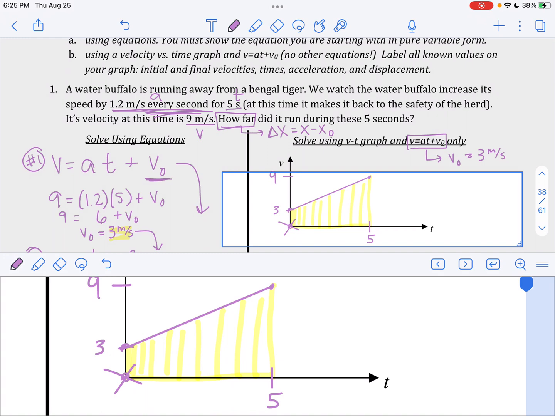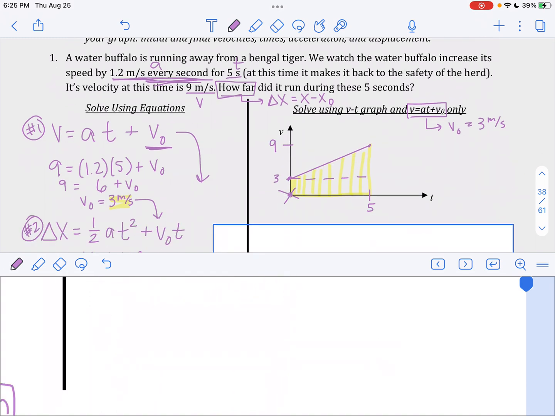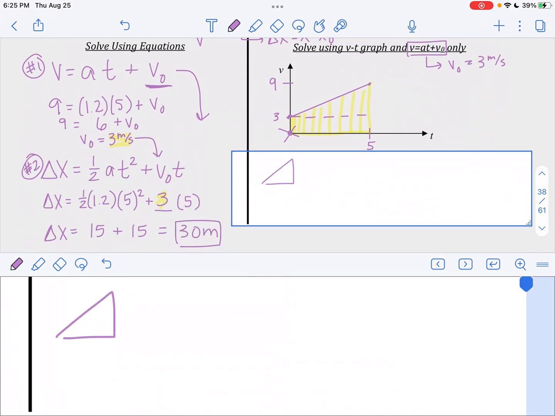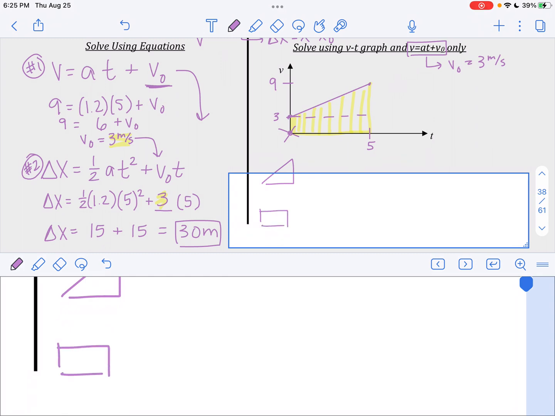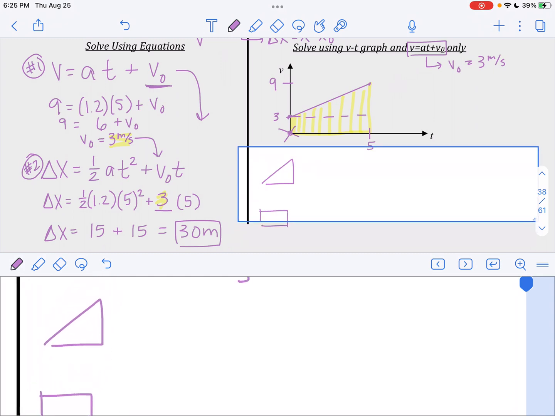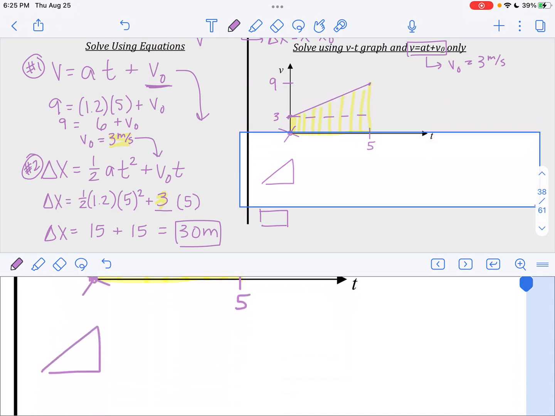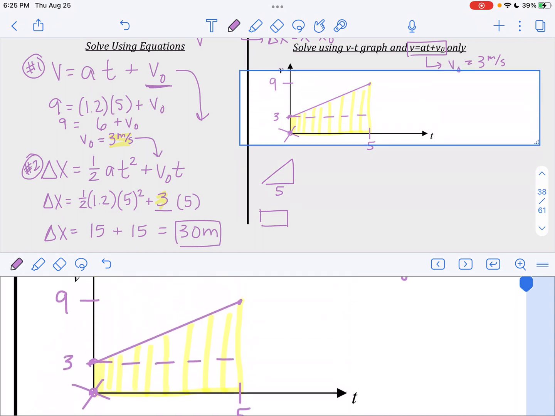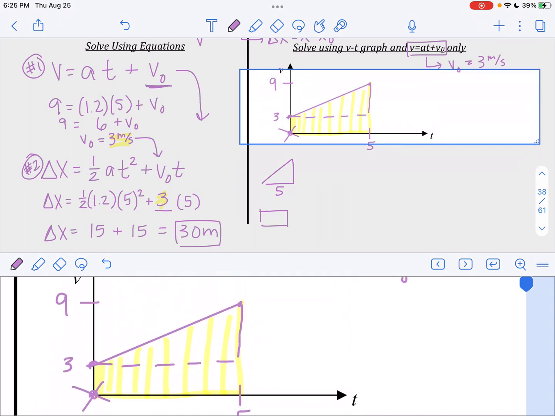So I'm going to chop this up into 2 distinct sections and find the area of both the triangle and the rectangle. I sometimes like to do this off the graph just so it helps me really identify what the base is and what the height is. So of my triangle, I see I have a base of 5, and I have a height of just 6.